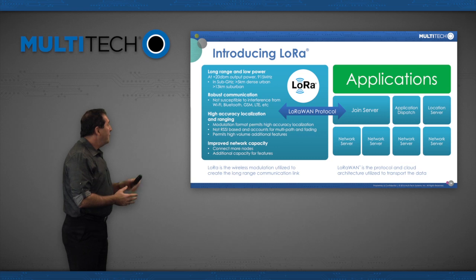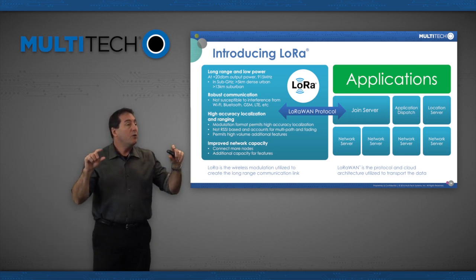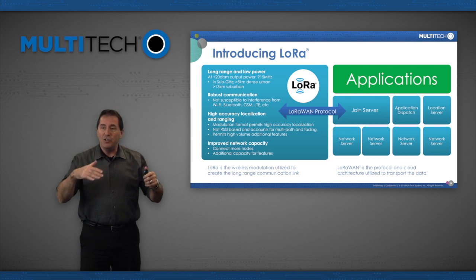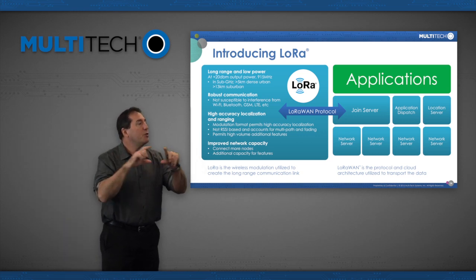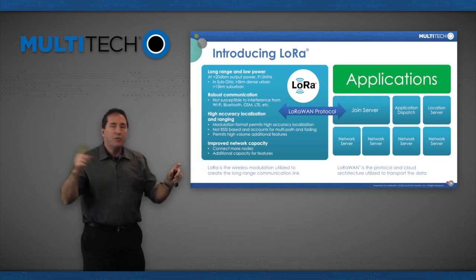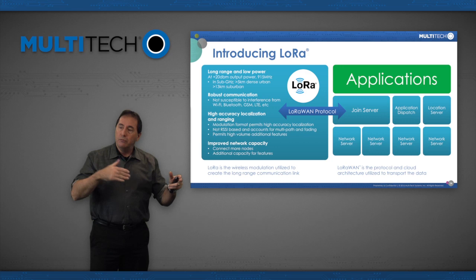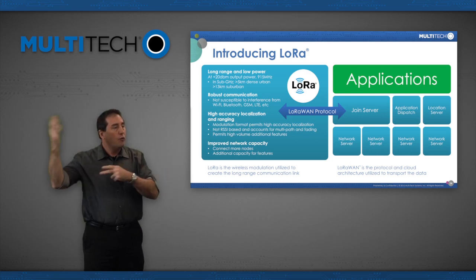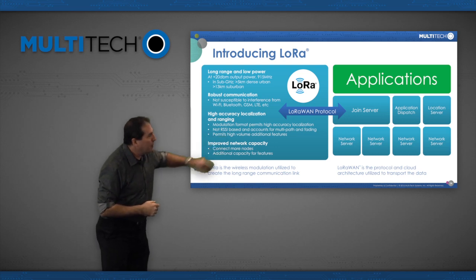On top of that, we've created at the LoRa Alliance a thing called the LoRaWAN protocol. What it does is it takes this radio and it allows you to structure information or data to be sent and received and to manage that communications channel from a network device. And that's what's called the network server.